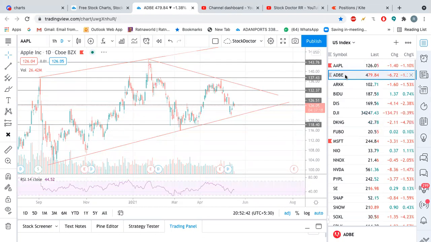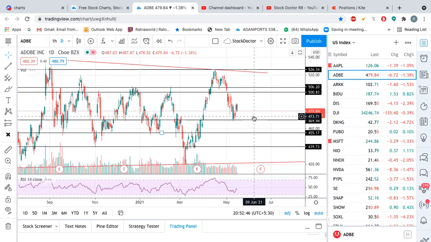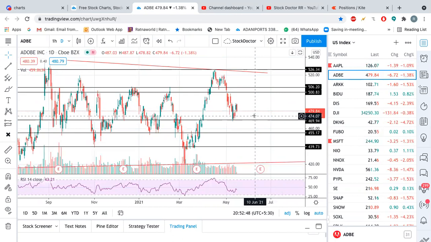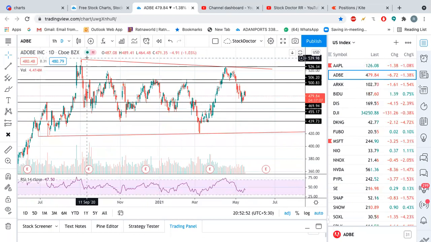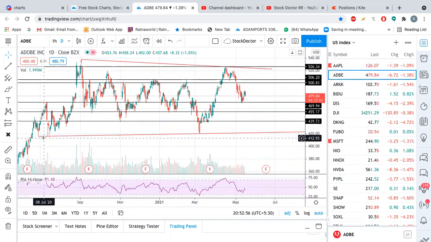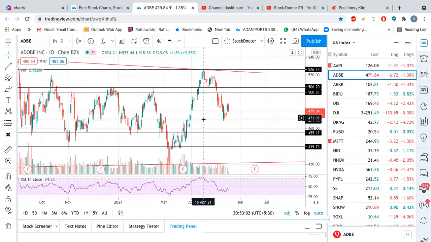The next stock is Adobe. For Adobe, if you see here, Adobe has this trend line resistance, and this is the trend line support, right? And Adobe has horizontal support at 470.